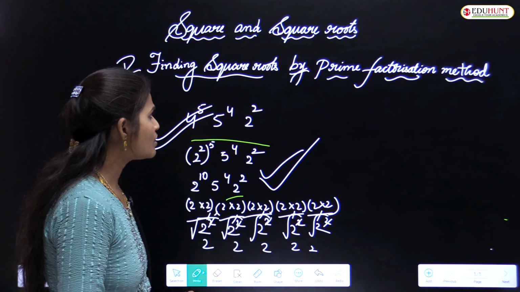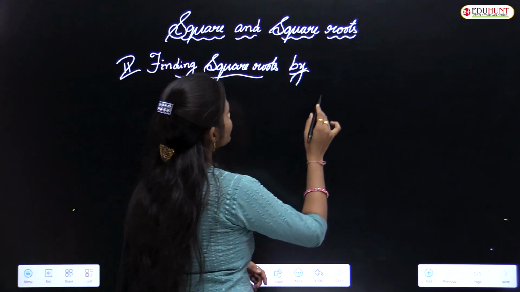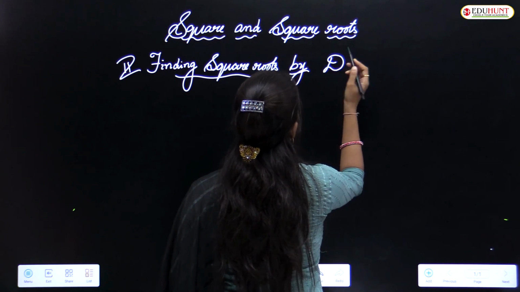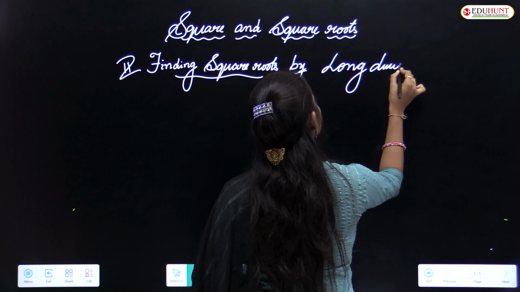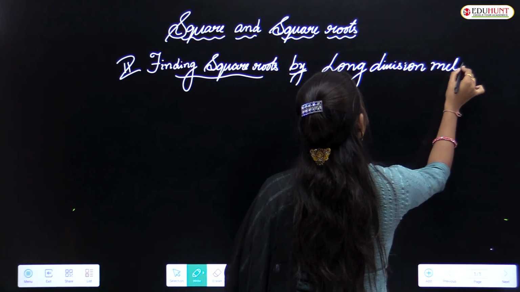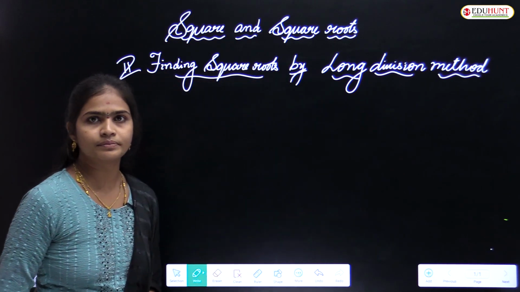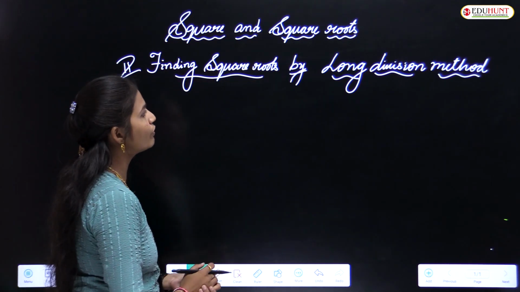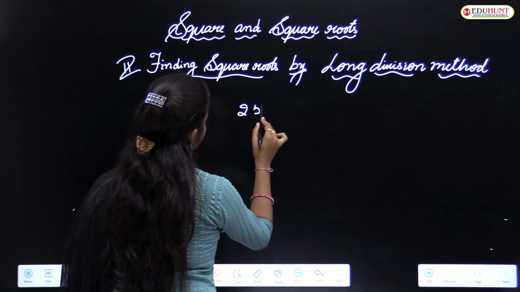Okay, so the next method is the division method. Finding square roots by the division method or long division method. Just see how to find it using the long division method. 256.